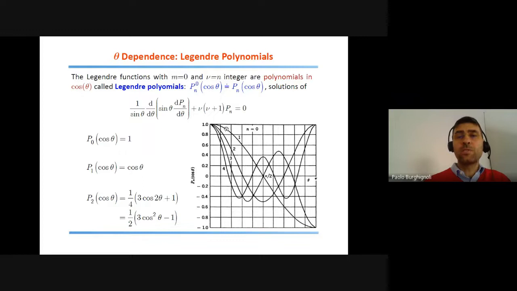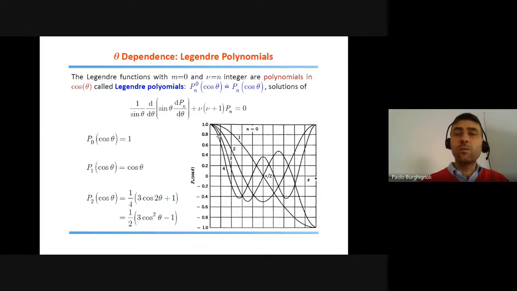The one of order 0 is a constant equal to 1, so it's a flat horizontal line. Then we have the polynomial of the first order, which is linear in the cosine of theta. Here you can see on the horizontal axis the angle theta, so you will see the cosine of theta that goes from 1 to -1 in the indicated range from 0 to pi for the argument.